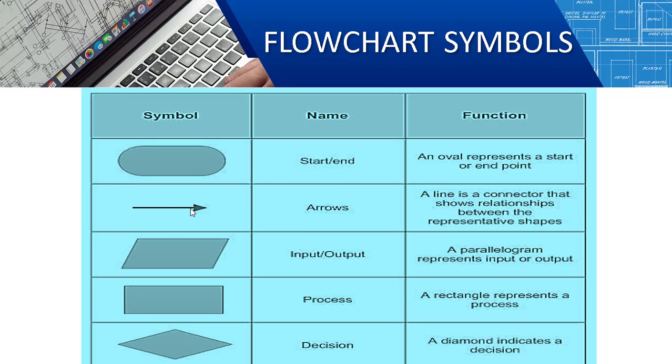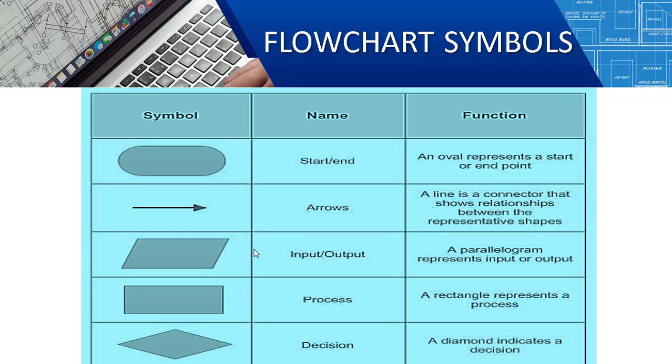Then we have arrows. Arrows can be in different directions, and these arrows are used to connect one symbol to another symbol. The next symbol of flowchart is the parallelogram. A parallelogram is used for input and output, whenever we give input data and also when we get the output.